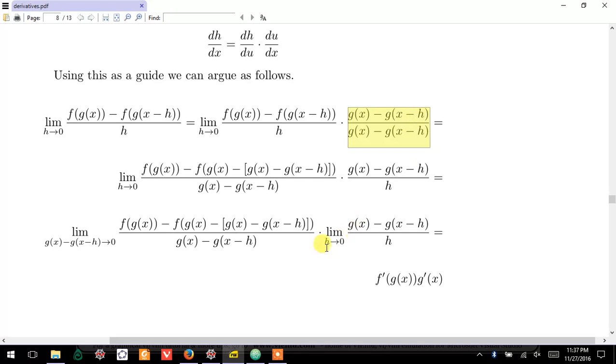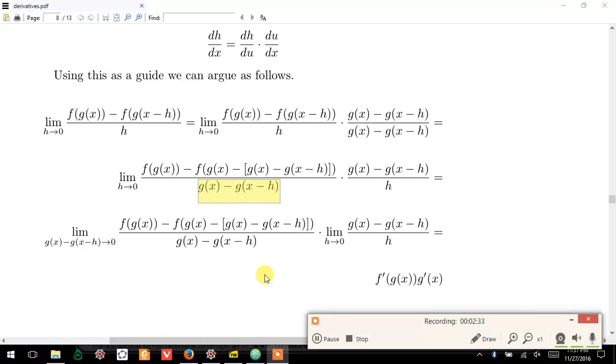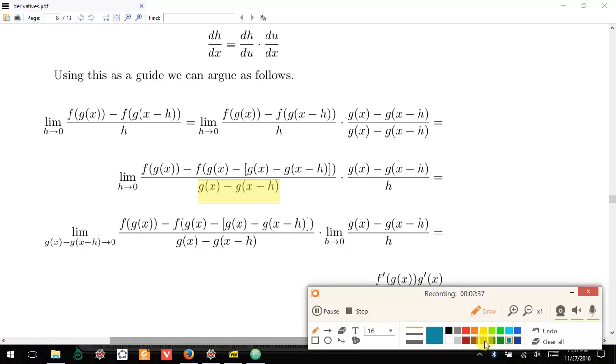In any case, continuing with this weak argument, the next thing to notice is that as h goes to 0, this also goes to 0, which is really what we want, because we want to kind of regard this thing as just some variable that is going to 0, because that's what we need for the derivative statement, right?